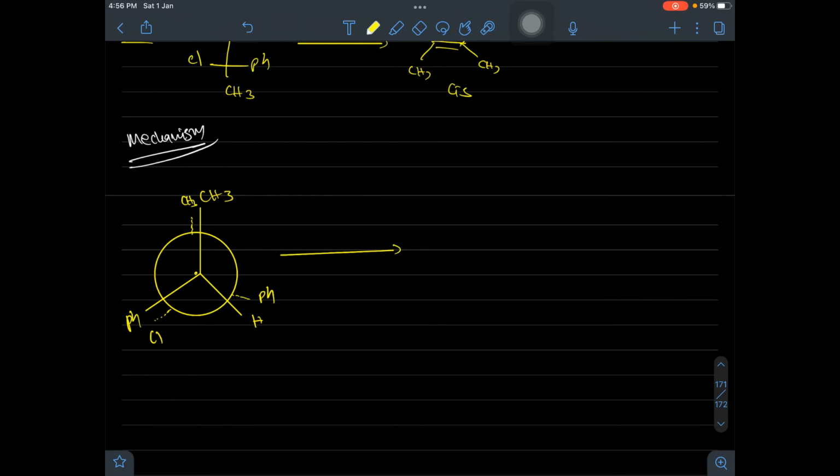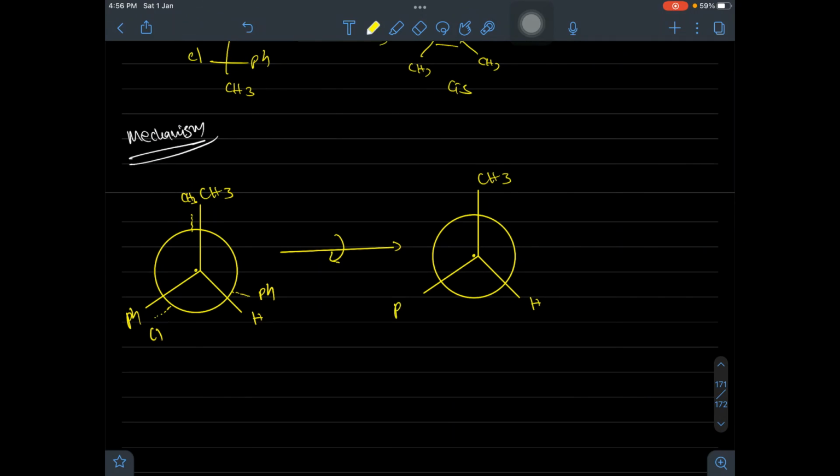Rotate this one by 60 degrees. When you rotate it by 60 degrees, you will have a structure like this: here chlorine, at this point phenyl, and at this point methyl.